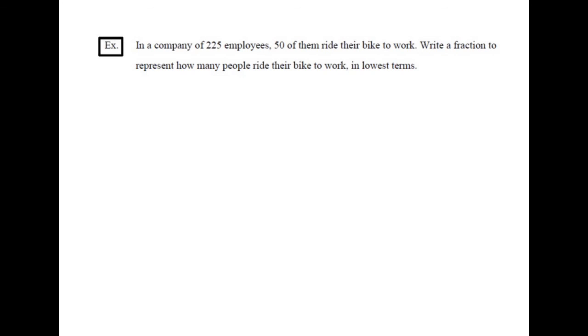Okay, this one is setting up a story problem as a fraction. Okay, so let's take a look at it. In a company of 225 employees, 50 of them ride their bike to work. Write a fraction to represent how many people ride their bike to work in lowest terms.